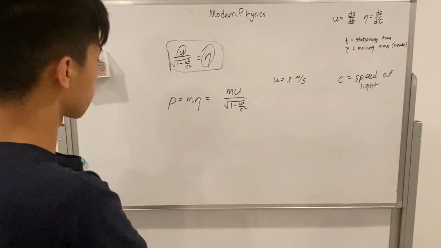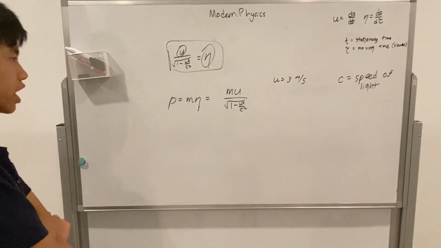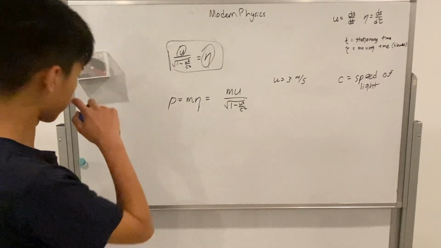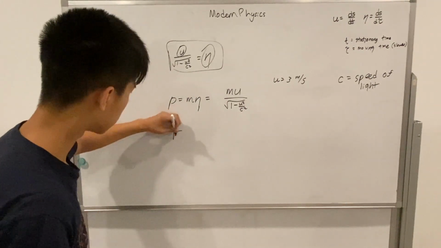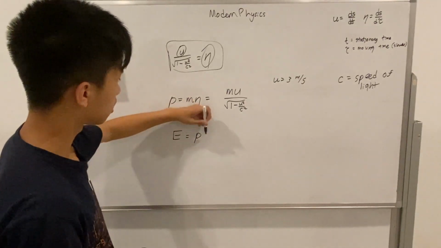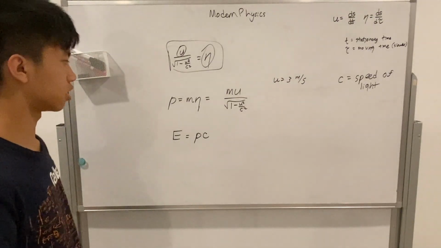So, where can we proceed from here? Well, Einstein actually came up with an astounding result where he found that energy was equal to this momentum multiplied by c, or speed of light.